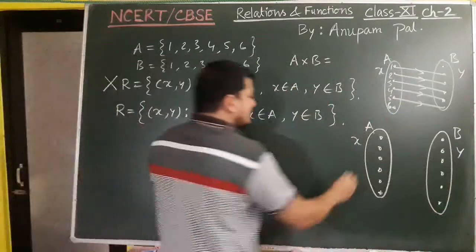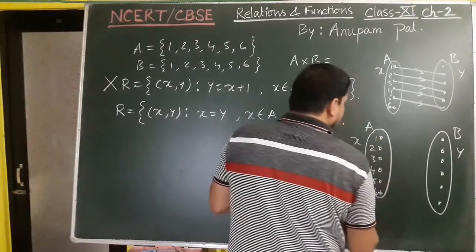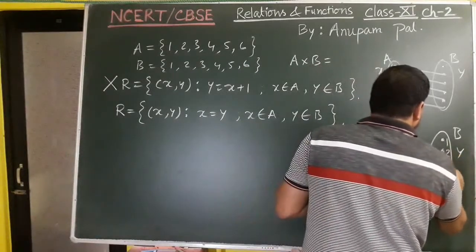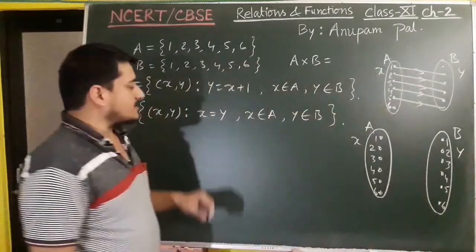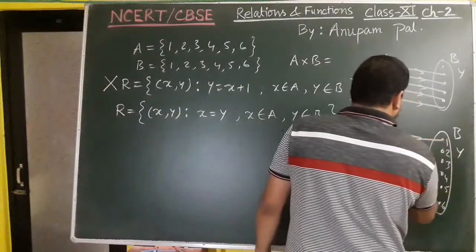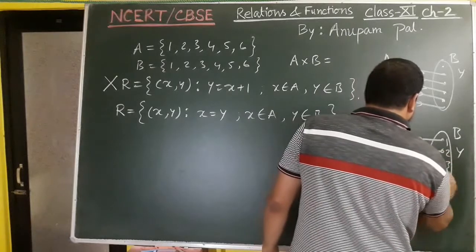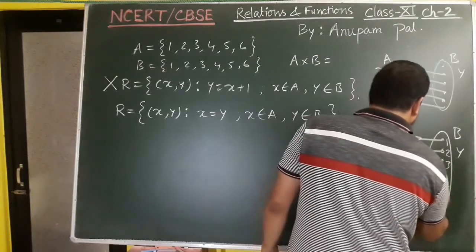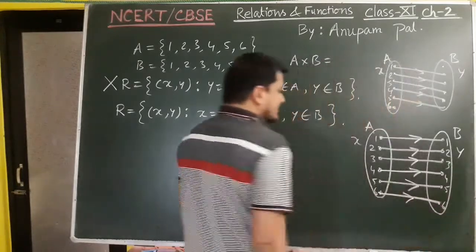So x is equal to y. That means 1 will be mapped to 1, 2 will be mapped to 2, 3 will be mapped to 3, 4 will be mapped to 4, 5 will be mapped to 5, 6 will be mapped to 6.